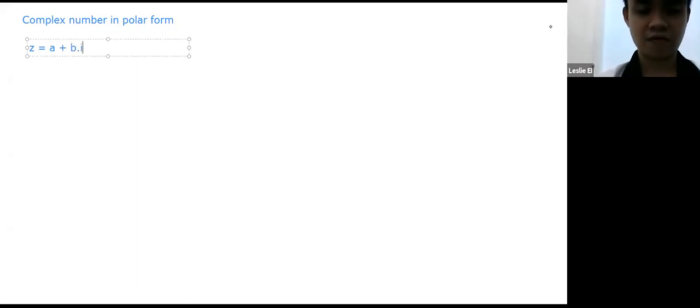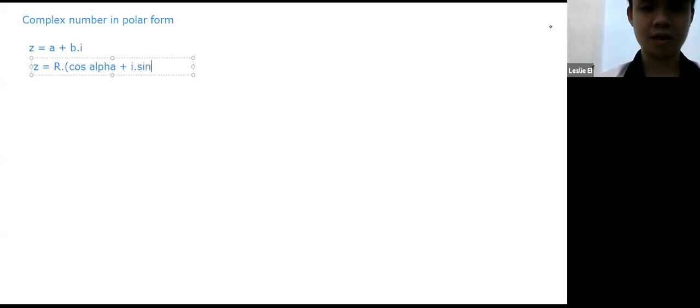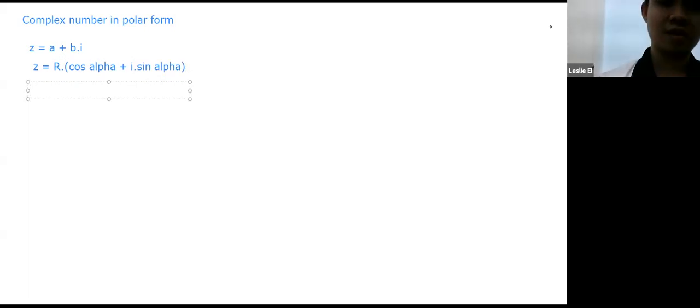In polar form, z is written as r times cos alpha plus i times sine alpha. So the polar form is this one, the second one.